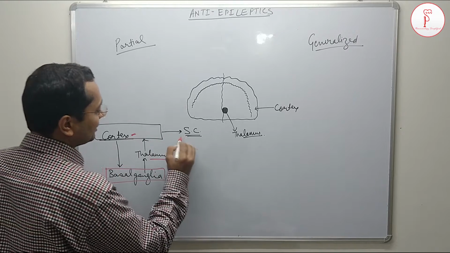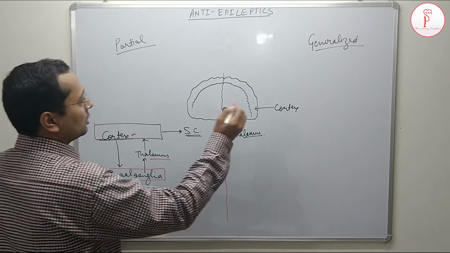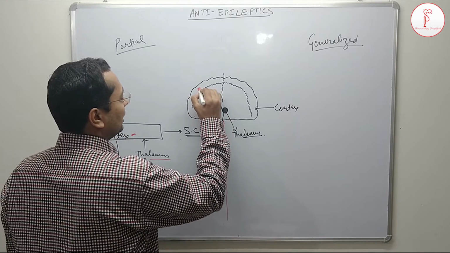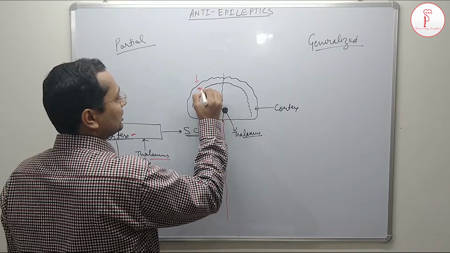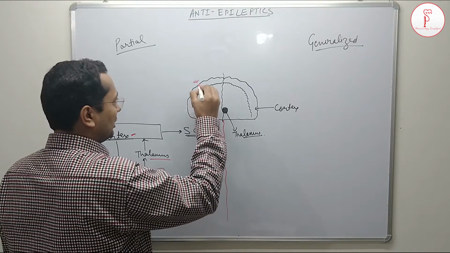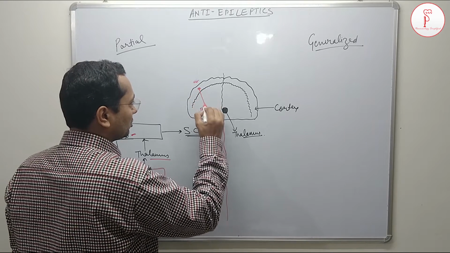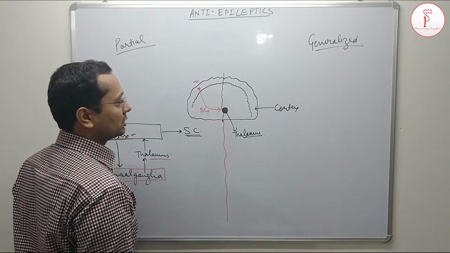And now the cortex will send the signal to the spinal cord. So if this is the spinal cord, what is happening? This is the cortex, right? From the cortex the signal arises, and through the basal ganglia it goes to the thalamus.